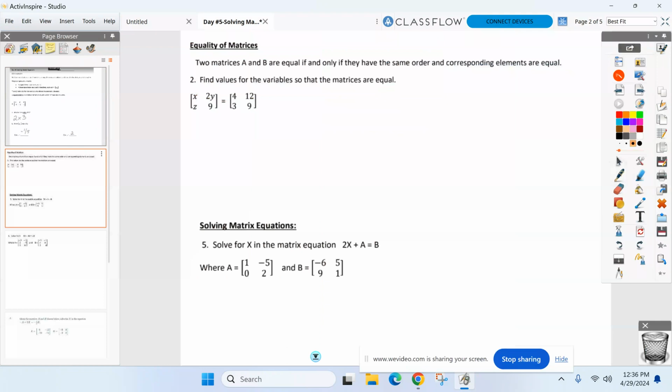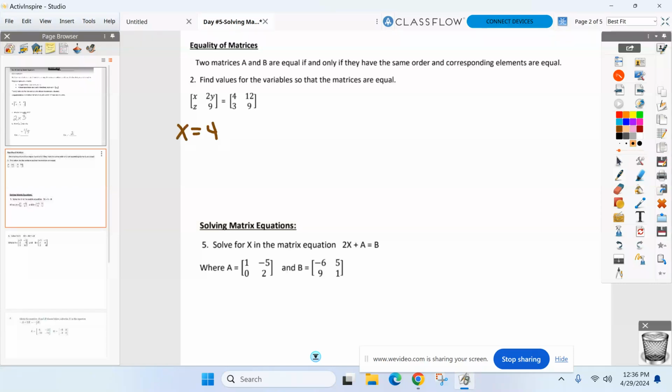Okay, a couple new things now. I set 2 matrices equal. When you see 2 matrices that are equal, that means the same thing is in the same spots of both matrices. So I have an x here and I have a 4 here. So right off the bat, we know x equals 4.